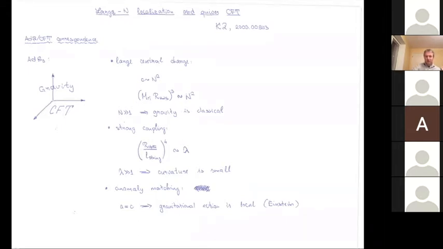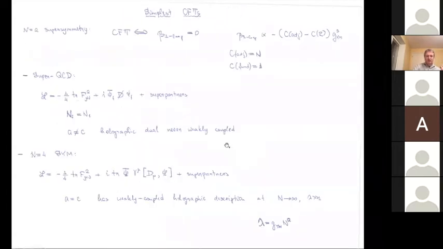And usually it's not easy to find such conformal theories. Typically, a fixed point is an isolated point in the parameter space. But supersymmetry is one way to help.